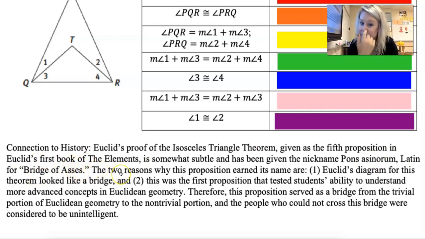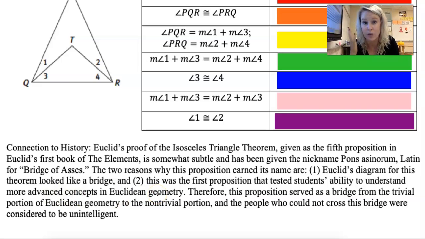The two reasons why this proposition earned its name are: 1, Euclid's diagram for this theorem looks like a bridge. It kind of looks like a drawbridge, going up and going down. 2nd, this was the first proposition that tested students' ability to understand more advanced concepts in Euclidean geometry.